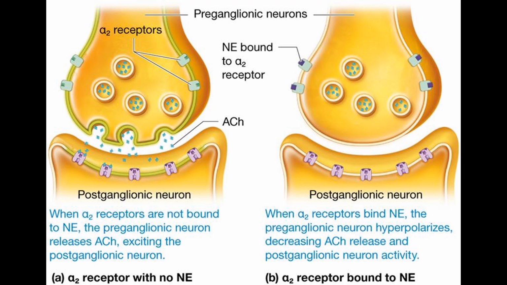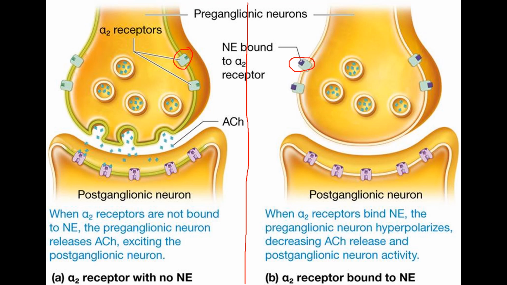All right, so here we have an image straight out of your textbook. And so we're going to basically divide this in half. Here you see alpha-2 receptors with no norepinephrine in them, and then here you see alpha-2 receptors with norepinephrine in them. We'll focus on the ones without norepinephrine first.